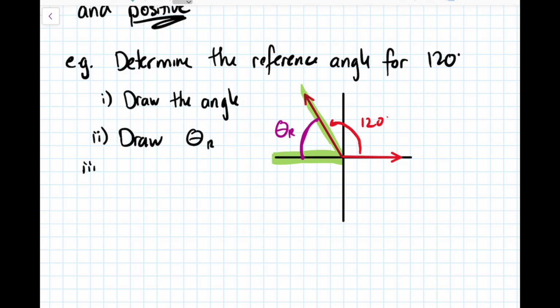And then step 3, the only step that you actually really need to do, is to calculate your reference angle. And you're always going to do that by subtracting. So the reference angle is essentially a distance. It's how far is your terminal arm from the x-axis. And to find a difference, well, we always subtract.